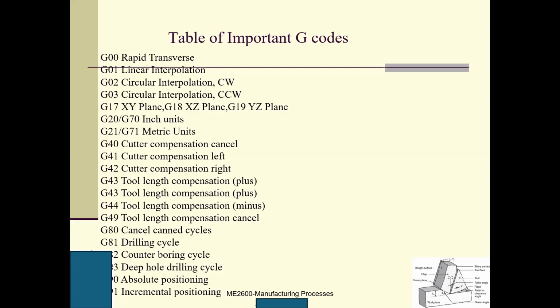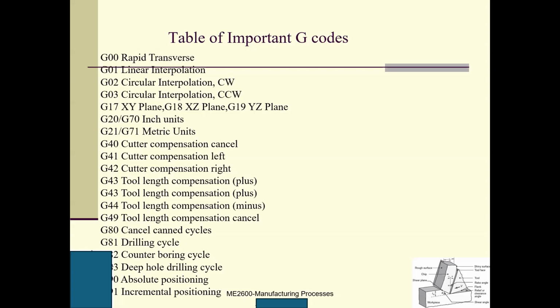T20 or T70 uses the inch unit, the English unit. And if I specify T21 or T71, that is the metric unit. Then cutter compensation cancel, cutter compensation left, cutter compensation right, on which side you want to do the compensation.